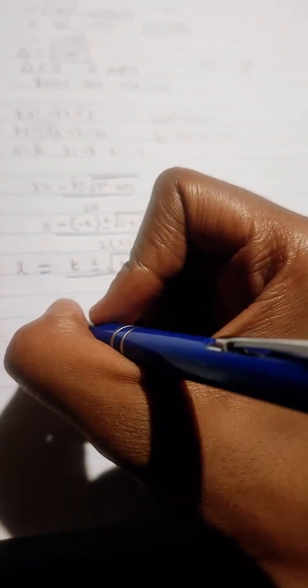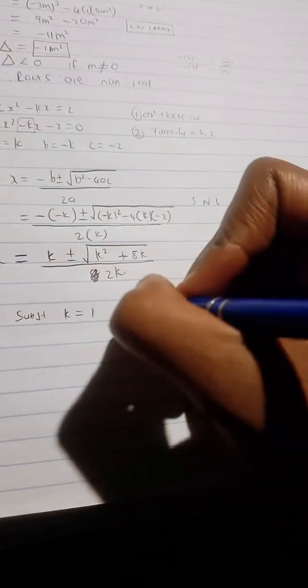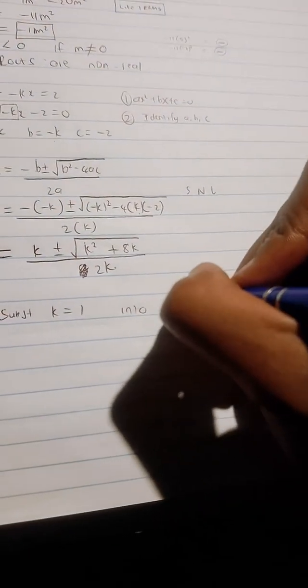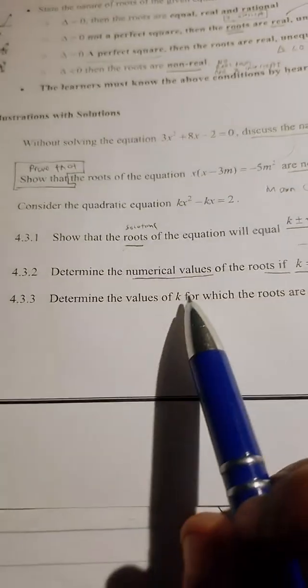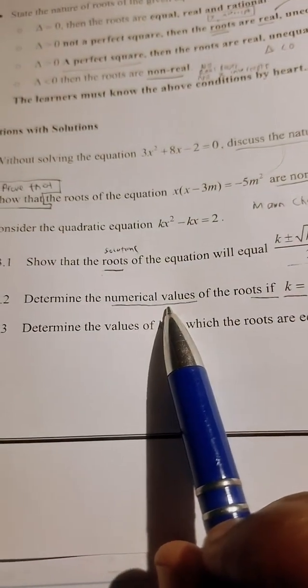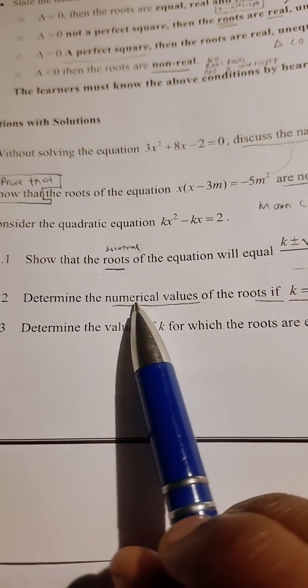These are the roots. All we need to do is substitute k is equal to 1 into the roots that we have found that are in terms of k. And then we should be able to get the actual roots in numerical form.